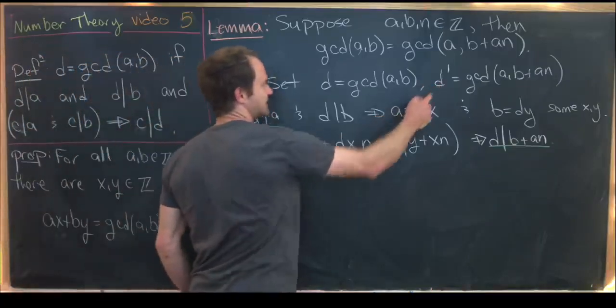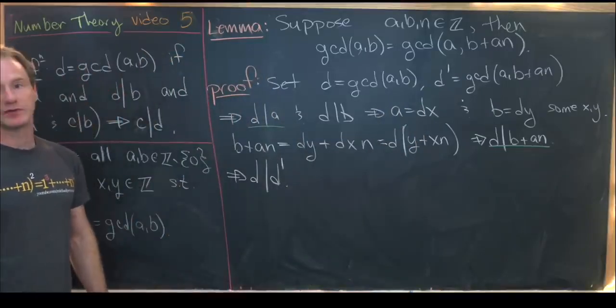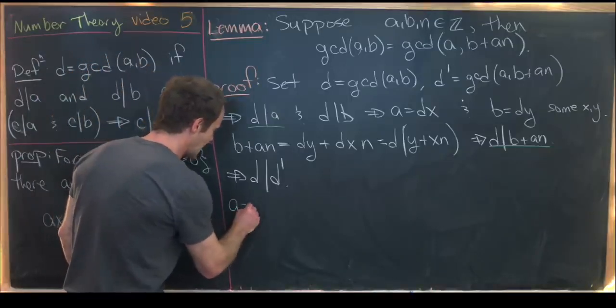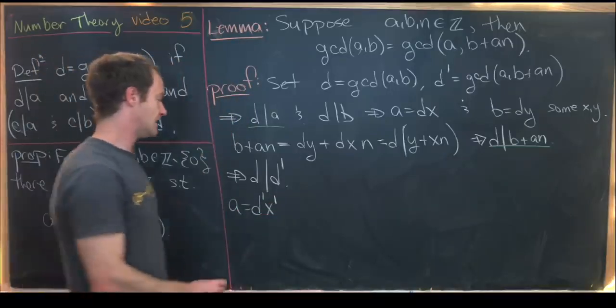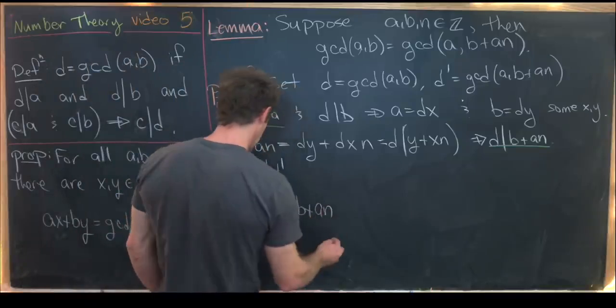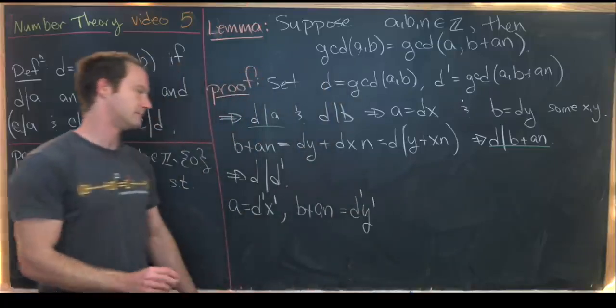So we'll take this fact, d prime is equal to GCD of a with b plus an, to write a as d prime times x prime. And then similarly, we can write b plus an as d prime times y prime.